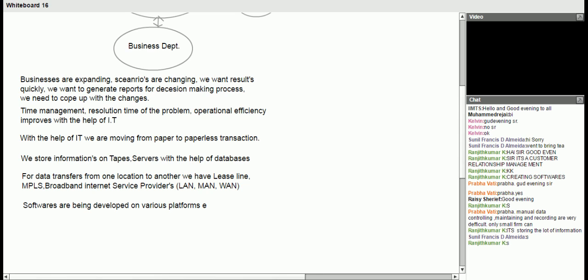Example: Java, C, C++, ASP.NET, XML, HTML, Oracle, and many more, etc.